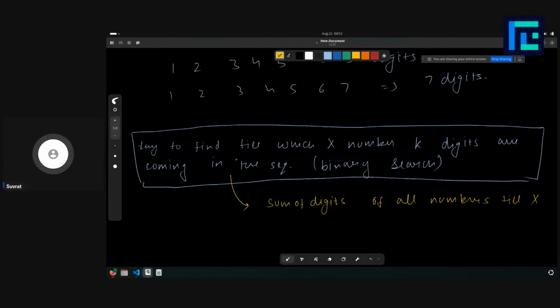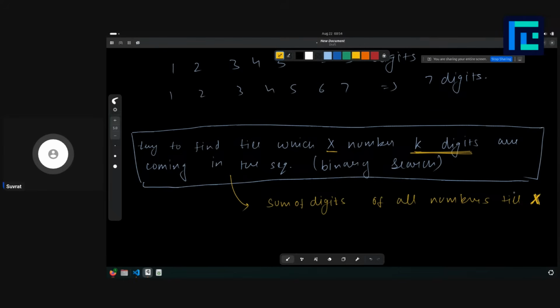Since we know that till number x k digits are occurring, like x is the first number where k digits are occurring, the sum of digits of all numbers till x would give us the answer. Basically, we'll need to adjust one sum of the digits of x because the sequence might not end perfectly at the end of a number.